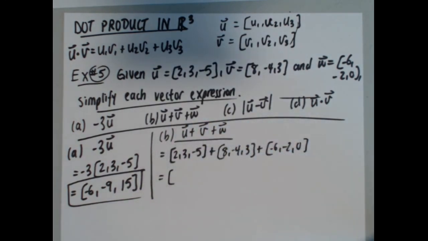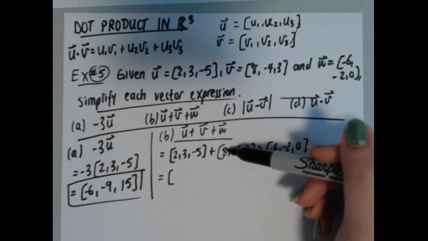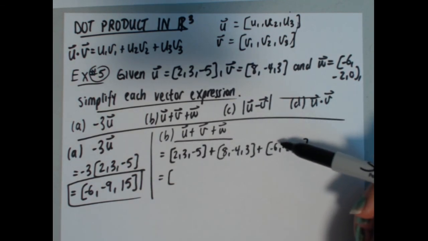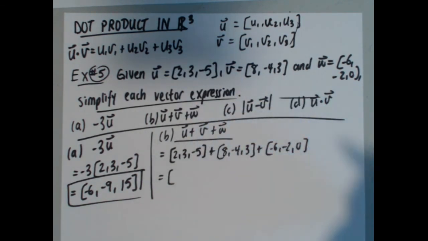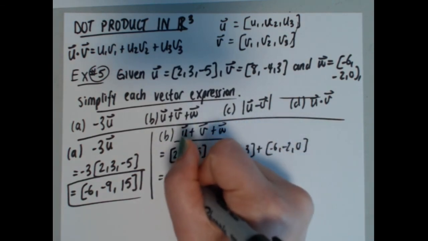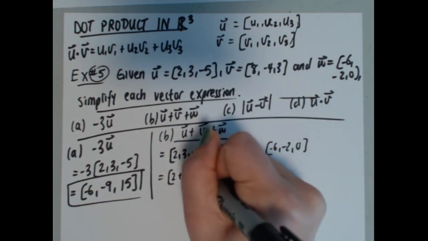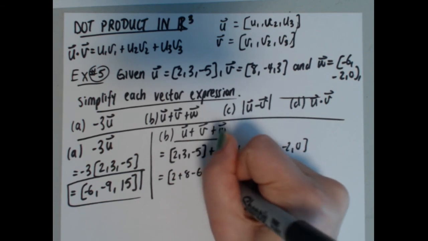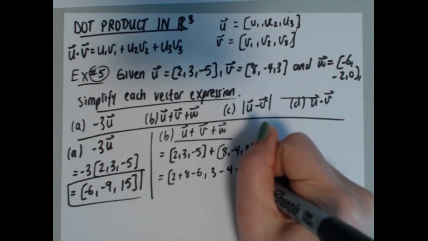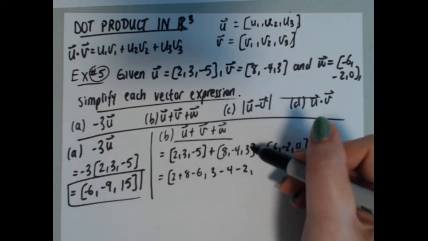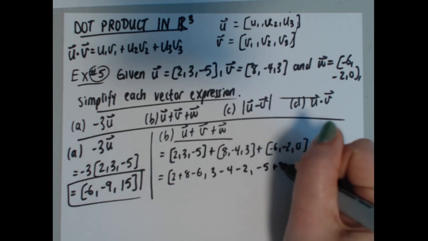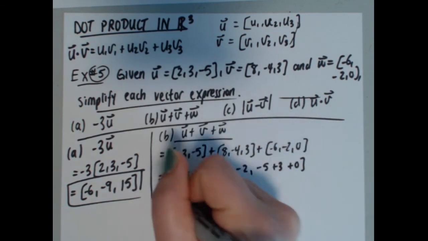So add the x's together, add the y's together, add the z's together. 2 plus 8 is 10, minus 6 is 4. Let me just write that all out: 2 plus 8 minus 6 for x, 3 minus 4 minus 2 for y, and negative 5 plus 3, and then plus 0 for z.